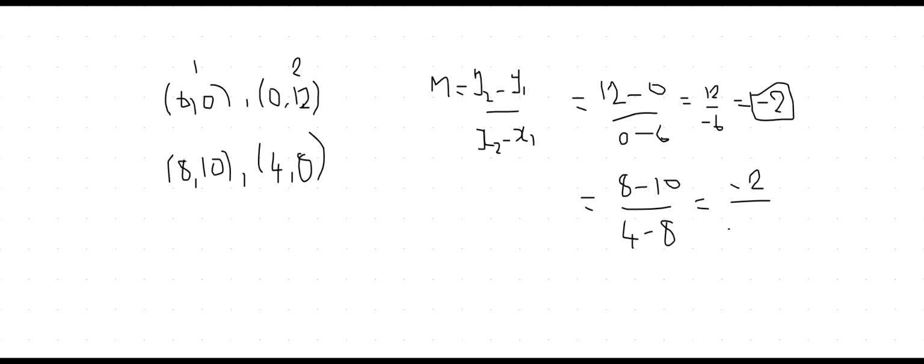When we divide that and simplify, we have negative divided by negative gives us a positive. 2 over 4 is simply 1 over 2 when you simplify. So the gradient of the second line is 1 over 2.